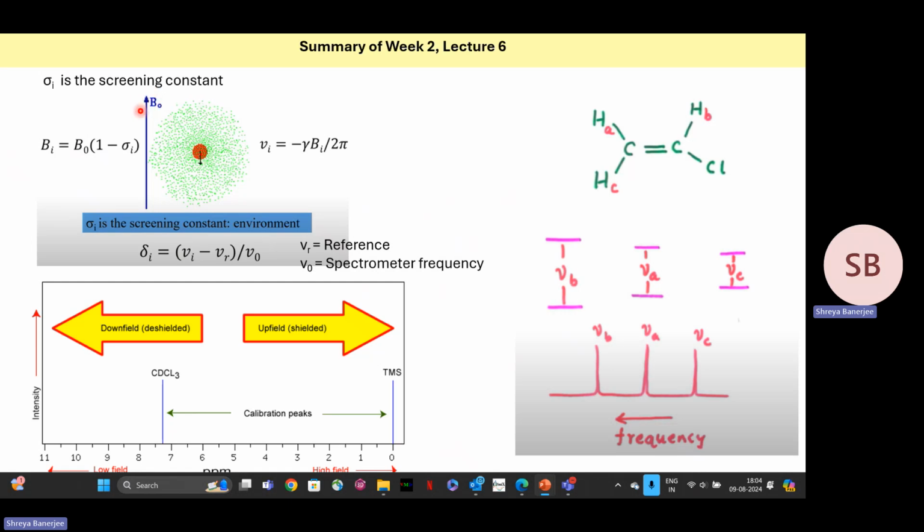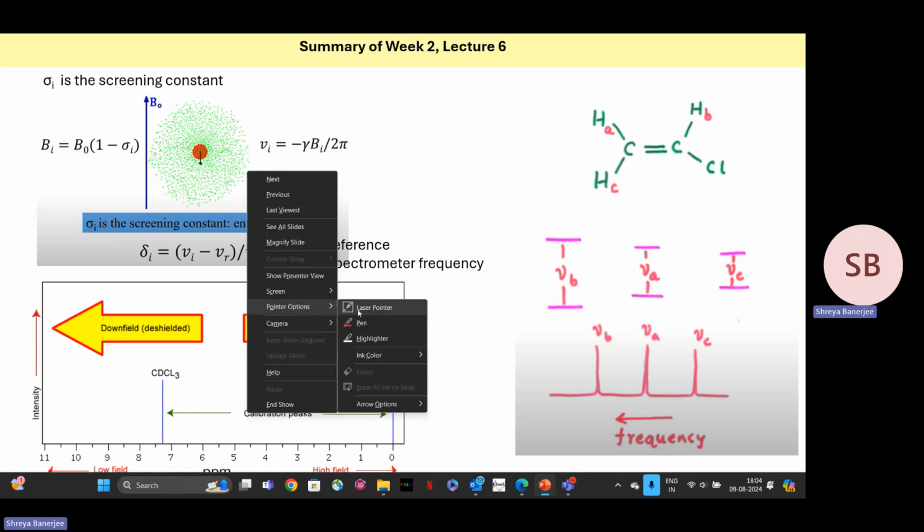So B0 is the external magnetic field applied by the spectrophotometer, and it is in the upwards direction. But the field actually experienced by the nucleus is less than B0. It is given by Bi, or B effective, and it is B0 into (1 minus sigma i), where sigma i is said to be the screening constant of the environment.